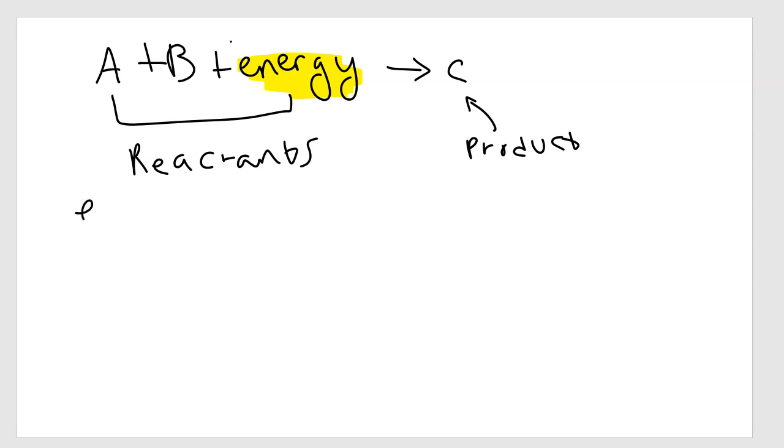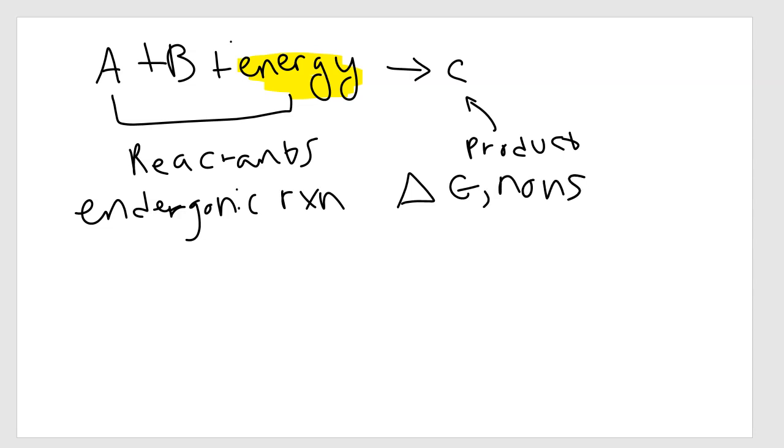Therefore, this is another way we could write an endergonic reaction. We would expect this reaction to have a positive delta G, and this reaction should be non-spontaneous, because we had to add energy to the system.